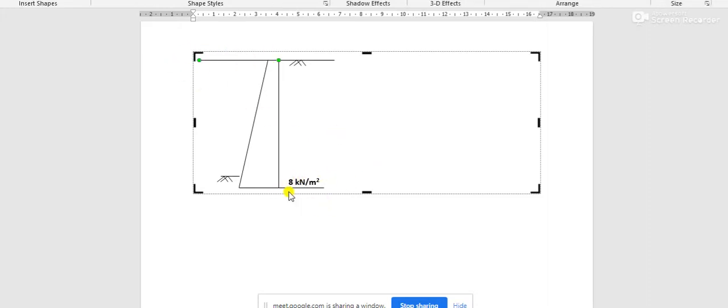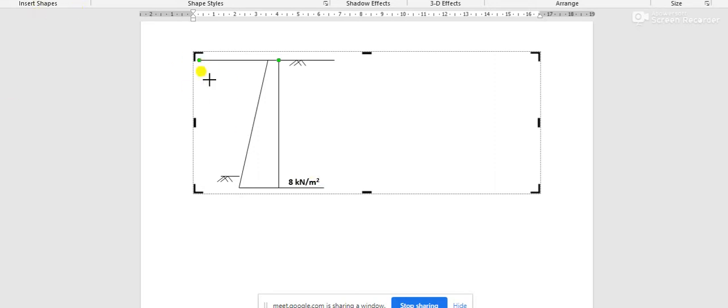If this direction is positive, positive 8 kilonewton per meter square, this direction will be negative, negative pressure, and the value is 100 kilonewton per meter square, so higher than that 8 kilonewton per meter square.